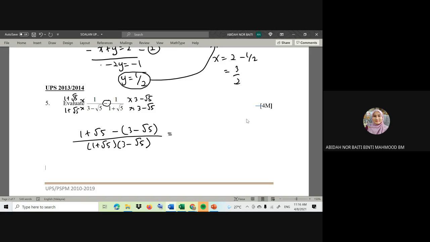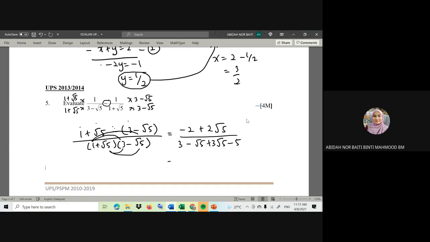So your numerator becomes 1 minus 3 is minus 2. 5 minus minus 5 is plus 2, so 5. This is your numerator. For your denominator, expand one by one. Plus 3, so 5 minus 5.